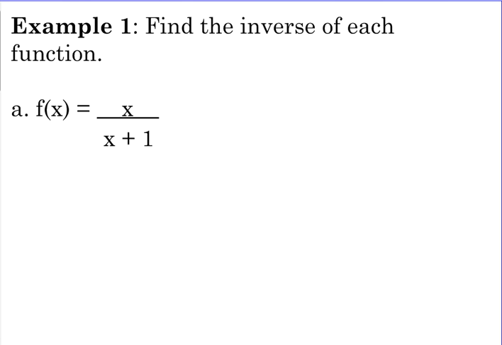Okay? So, let's look at some examples. Flip the paper over. Let's find the inverse of this function. Before we find the inverse, what type of function is this? What do we name that function right there? What's it called? Is it exponential?